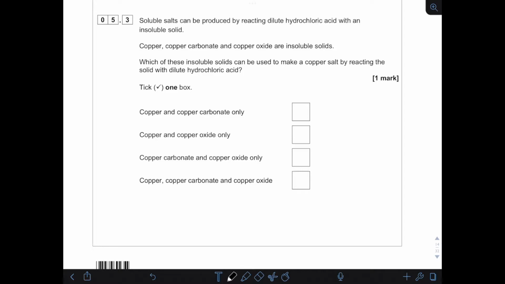Carbonates also react with acid to make carbon dioxide and water. That's a neutralization reaction. And some oxides can also react with acid to make water and a metal salt.